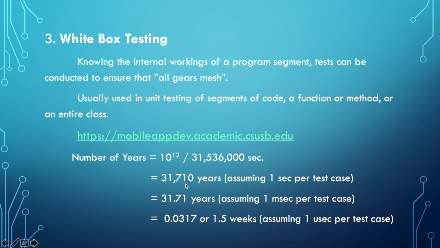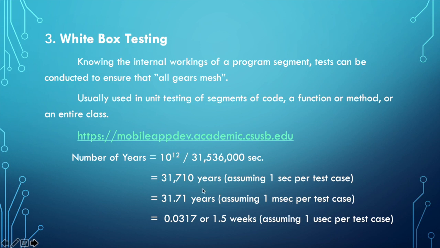1 second. Of course, the computer is very slow, but maybe let's have the computer faster by 1 order of magnitude, or maybe even 2 or 3 orders of magnitude. Let's say it can process 1 test case per millisecond.